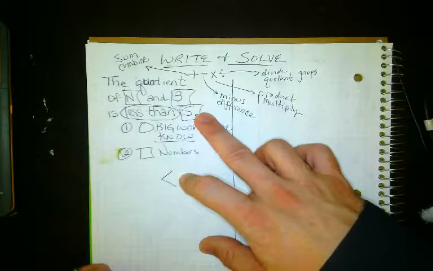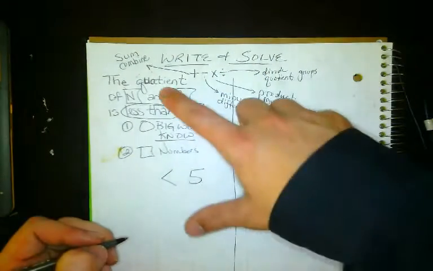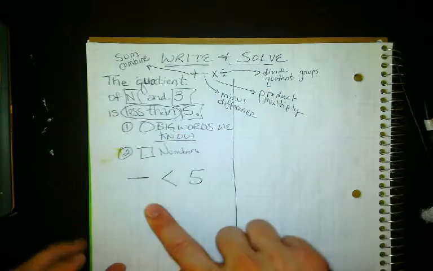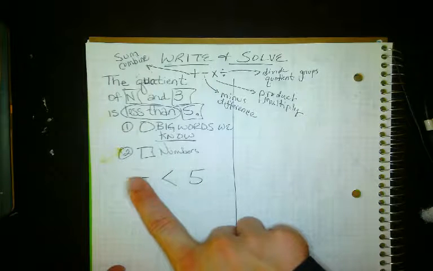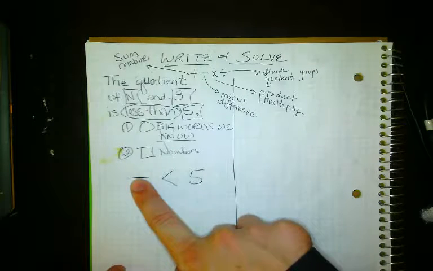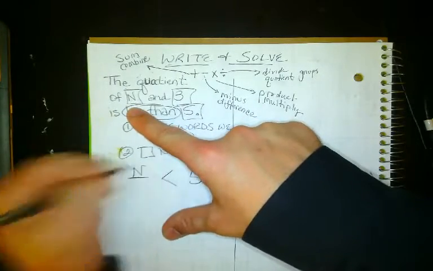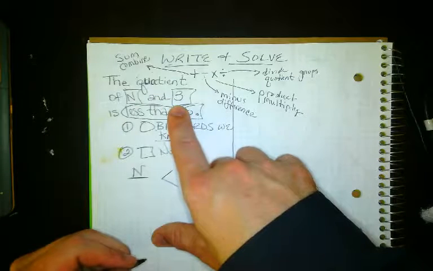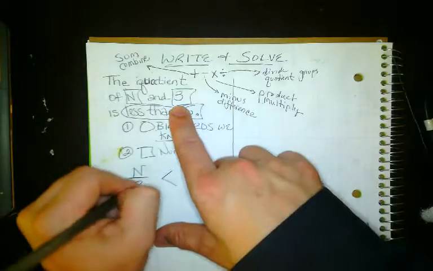5. Quotient dice división. So pone fracción aquí. So put your fraction over on this side with division. And you're going to put n on the top. And then 3 goes on the bottom.